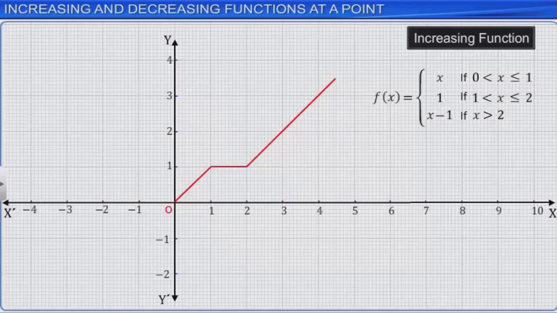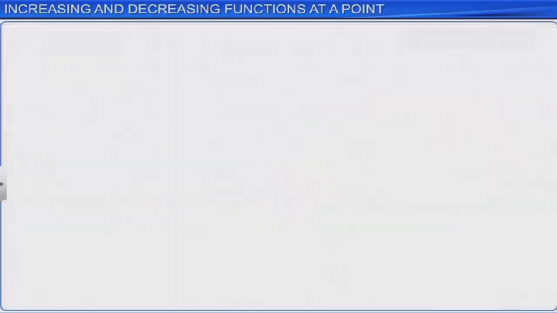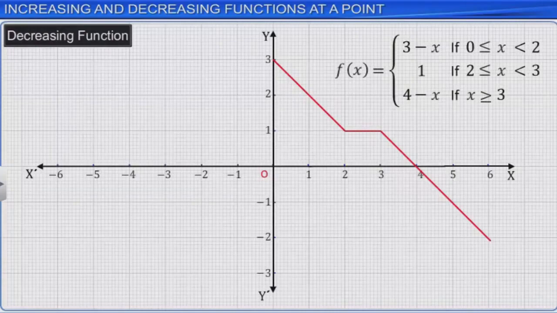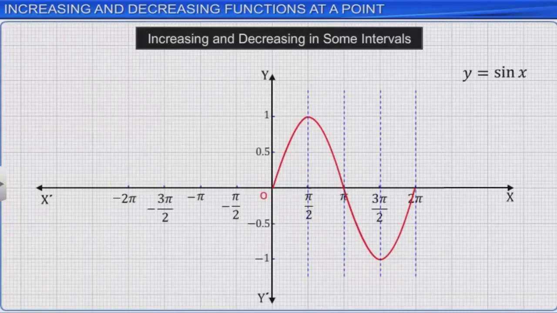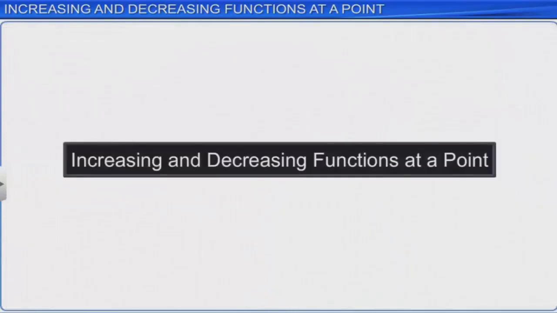You have already learned to find the nature of a function in a given interval. Let's extend the concept to determine the nature of a function at a given point.